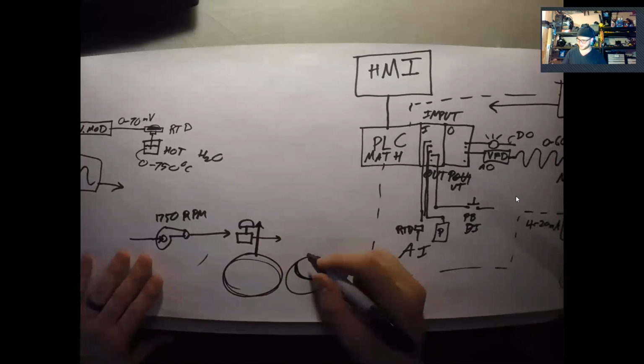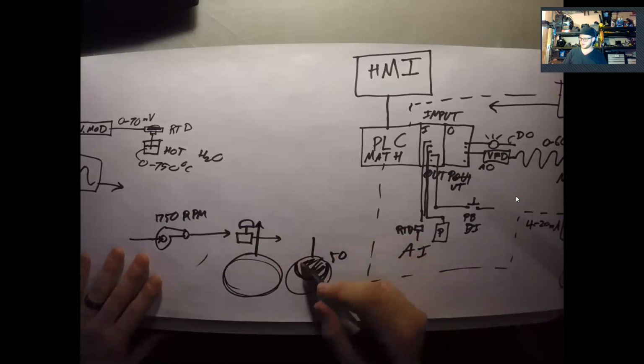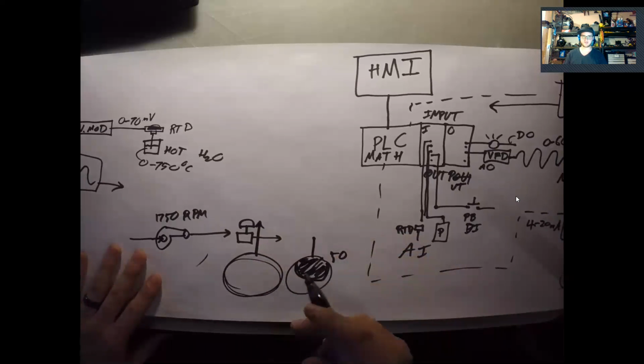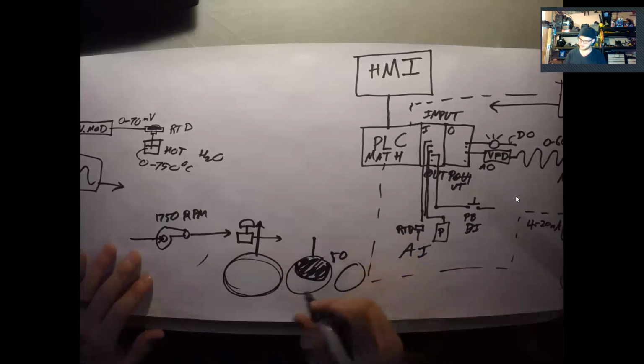Oh God, I can't draw. So let's say this is 50% open. This part is blocked, and this part is open, and so you'll have a certain basically choked flow rate through that pipe, right? And if it's 100%, then this is fully open. Fun little tangent.